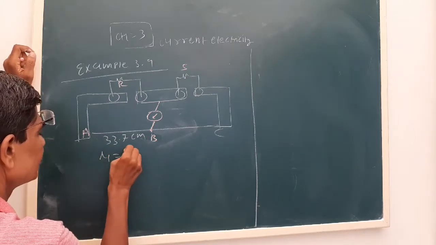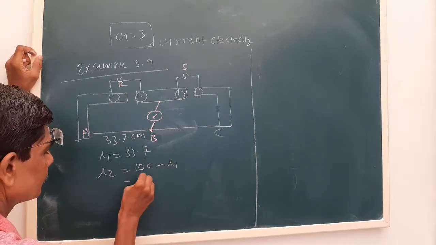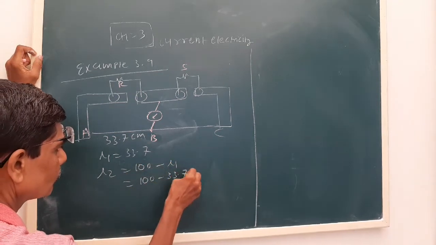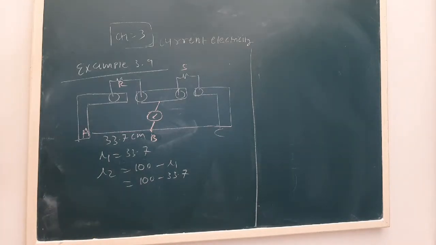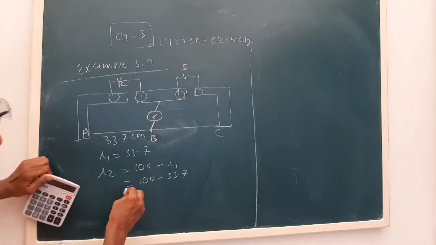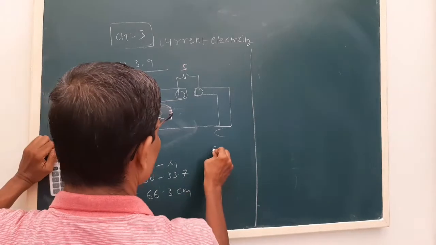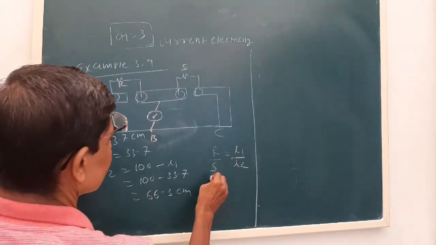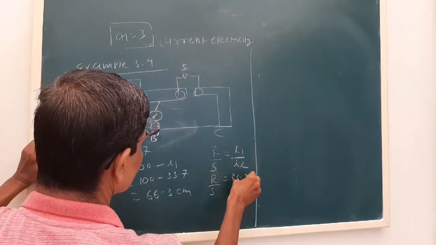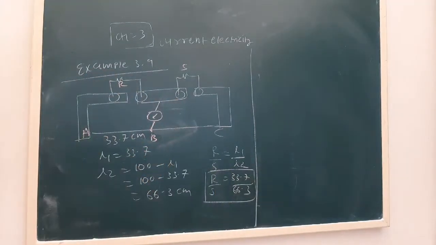L1 is 33.7. So here our equation: R upon S is L1 upon L2. Now this is the first part of the question.